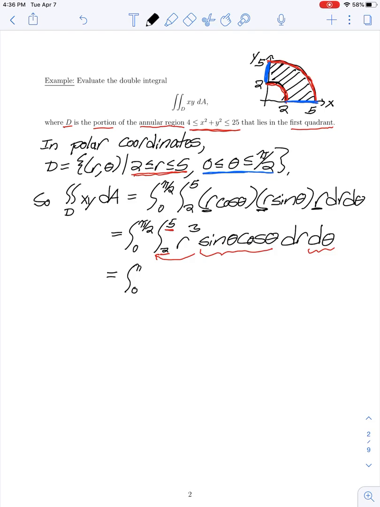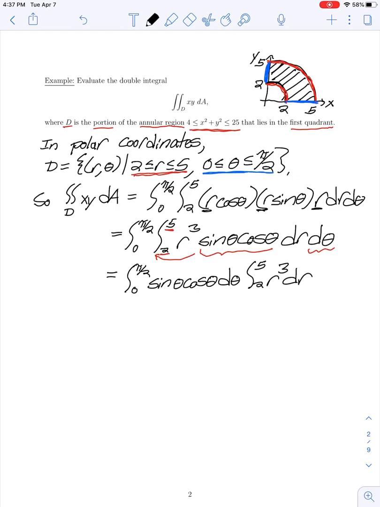So if I were to pull these theta expressions outside of the inner integral, I would have the integral from 0 to pi over 2 of sine theta times cosine of theta d theta, and then my inner integral is from 2 to 5 of r cubed dr.